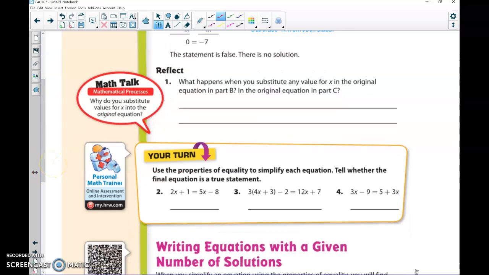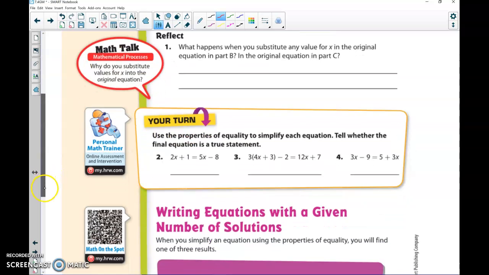All right, let's look at some of these your turns. Okay, so here they said use the properties of equality to simplify each equation. Tell whether the final equation is a true statement. Okay, so they have 2x plus 1 equals 5x minus 8. So pretty much is it going to be a one or a many solution versus a no solution. So here if we solve, I'm going to subtract 2x from each side, and I'm going to add 8 to each side.